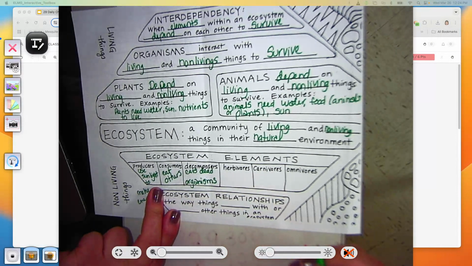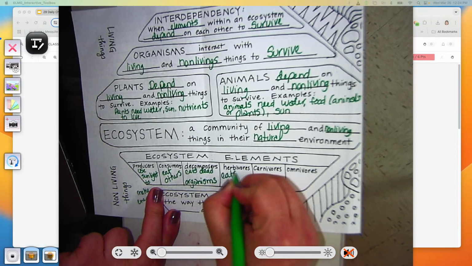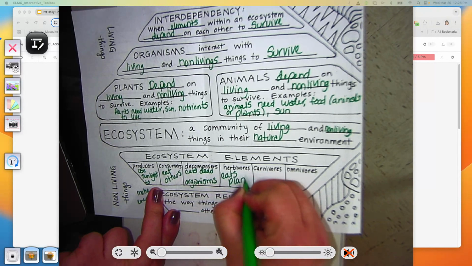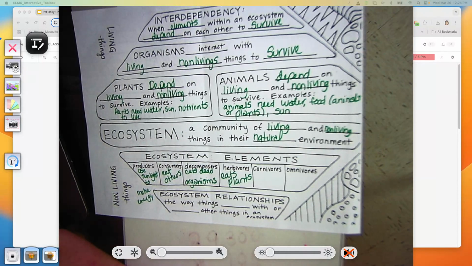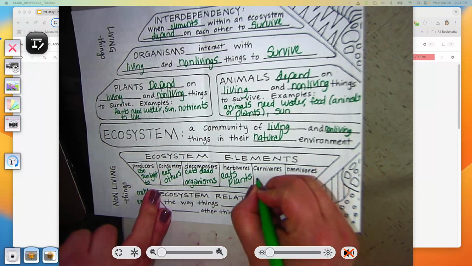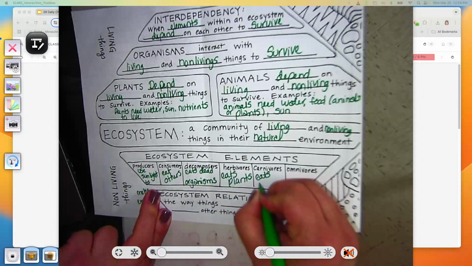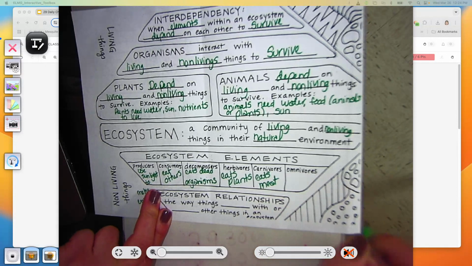A herbivore eats plants. Do we draw a little picture? No, not right now. So a herbivore eats plants. I guess it's kind of like a vegetarian, but a vegetarian eats vegetables. Okay. Next one we have the carnivore, and that one eats meat. And last but not least, that would be us.